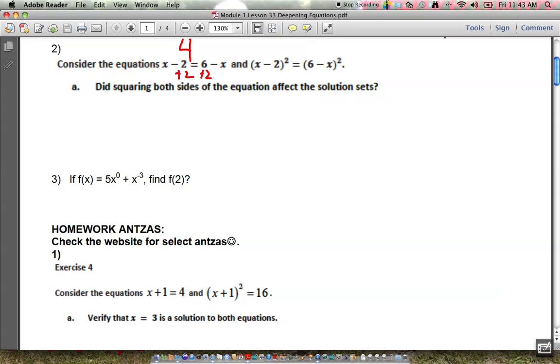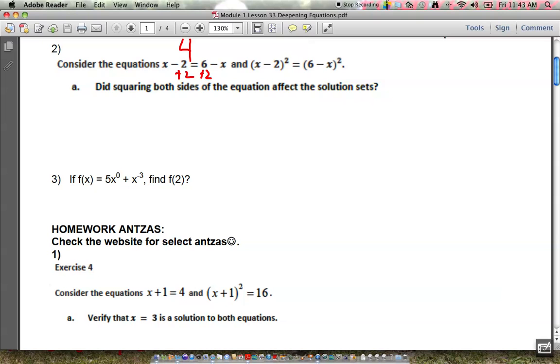Now, if I do (x minus 2) squared equals (6 minus x) squared, what's going to happen here? Well, this is an interesting thing. What do they mean by x minus 2 squared? You have to do x minus 2 times x minus 2, right?